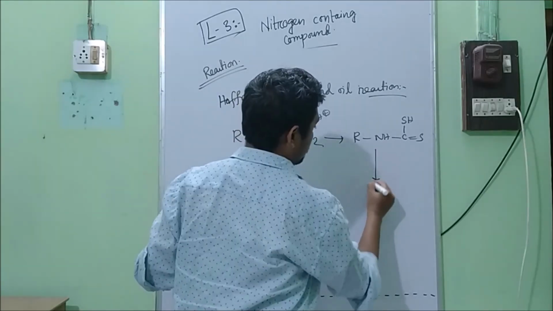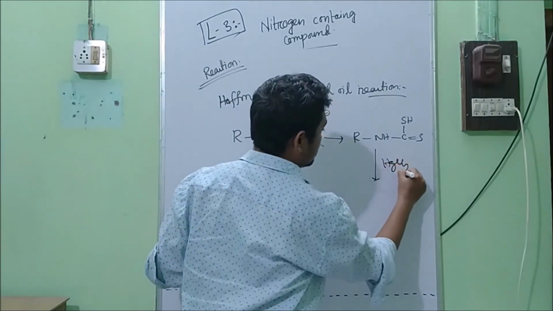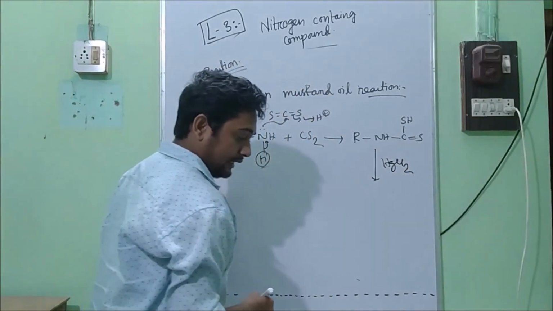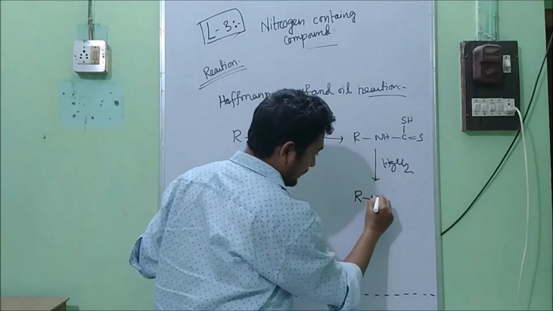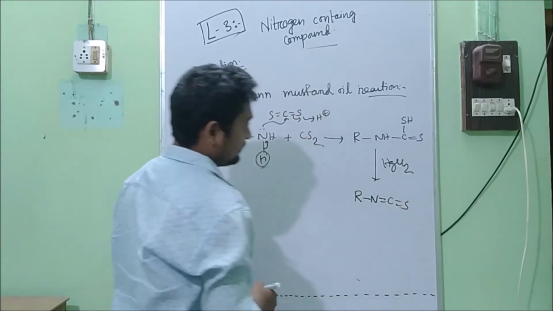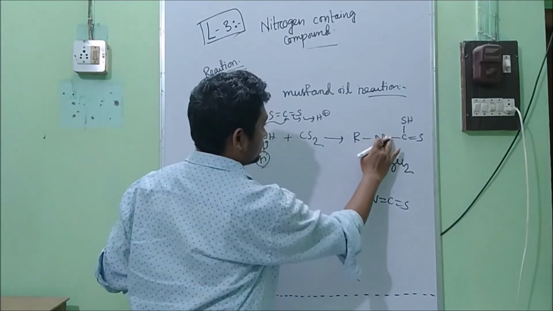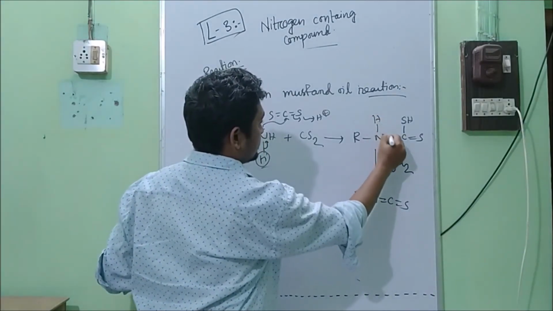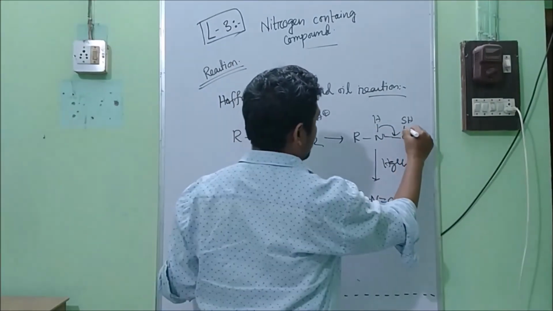Now if you add HgCl2, then it will convert into R, N double bond C double bond S. How does it convert? This H will come and this one will go.